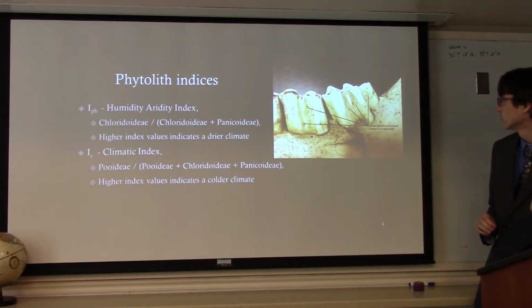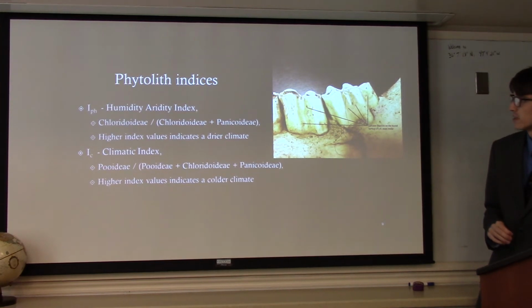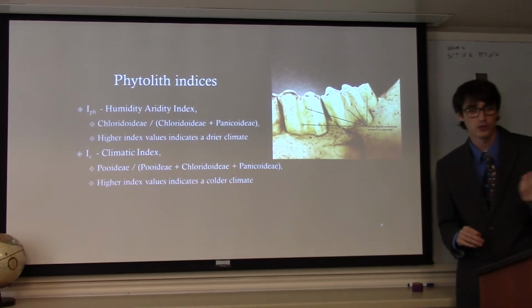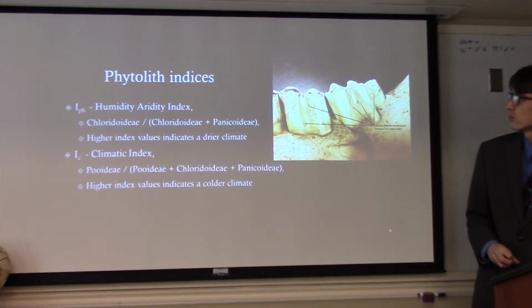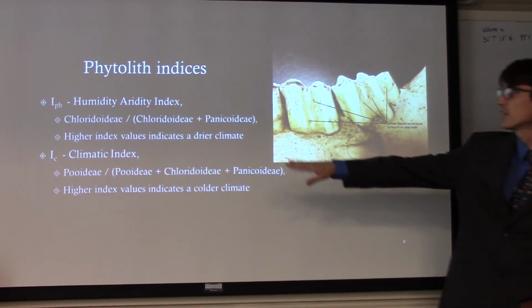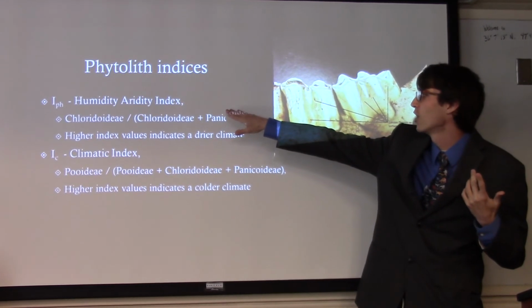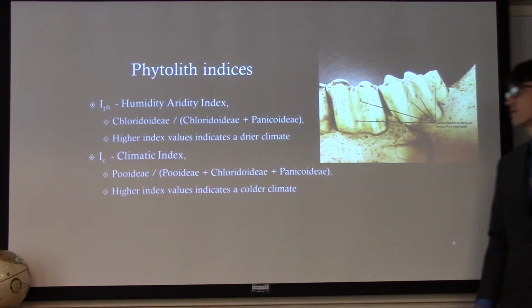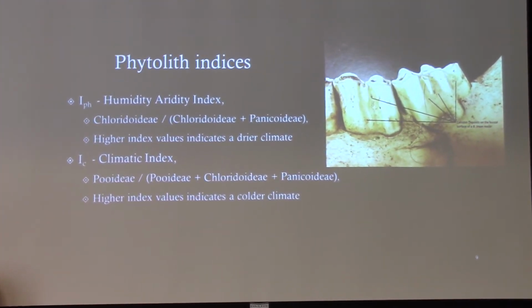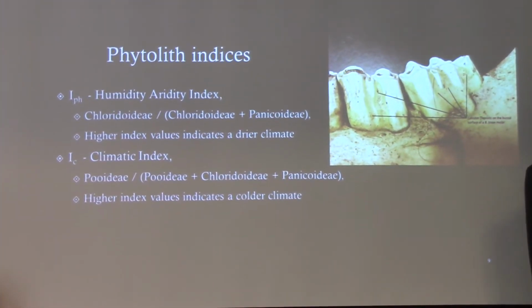In this study, as well as in other phytolith research, phytoliths are often used in indices. The two that I use in my research are the Iph, or the humidity aridity index, which is the Chloridoideae phytoliths divided by the sum of the Chloridoideae plus the Panicoideae phytoliths.